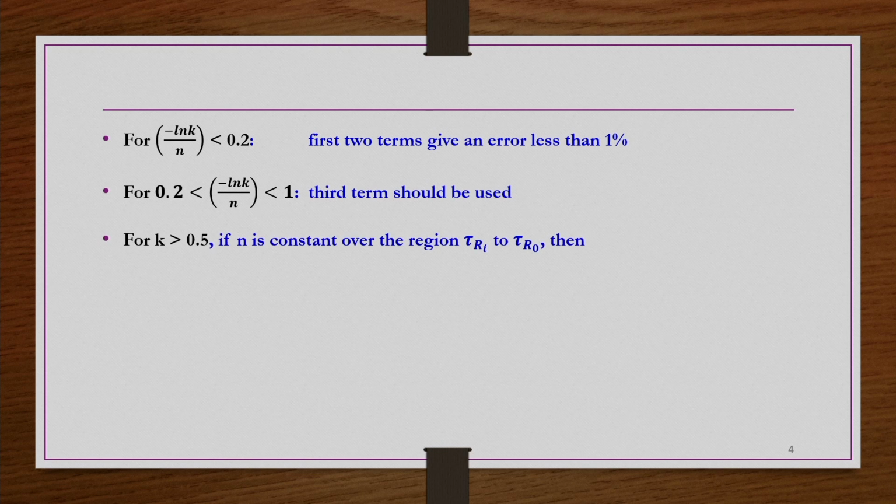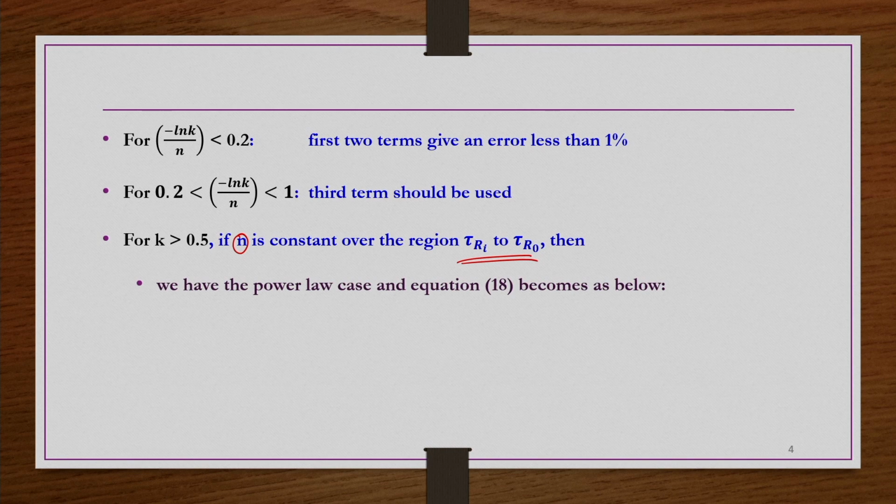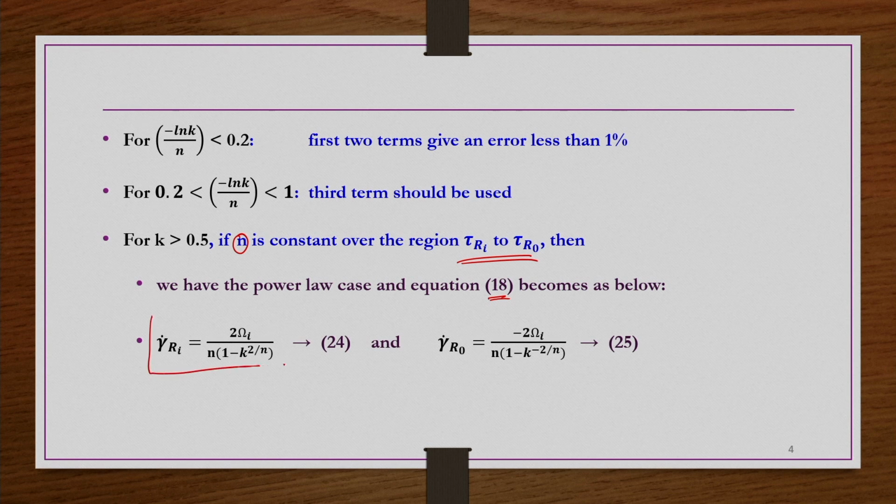And then for k greater than 0.5, if n is constant over the entire region of tau Ri to tau R naught, then we have the power law case and equation 18 becomes as below. We are not going to simplify this equation, but you can do it straightforwardly.